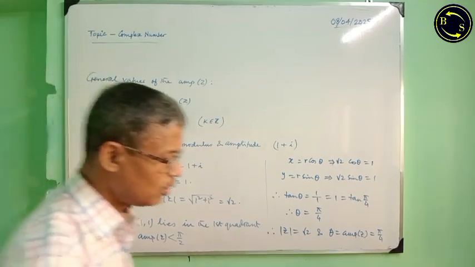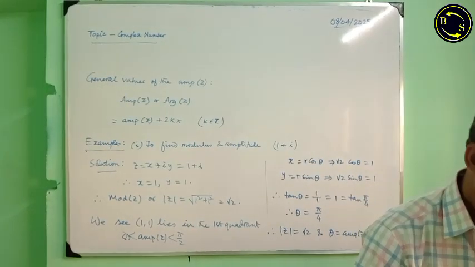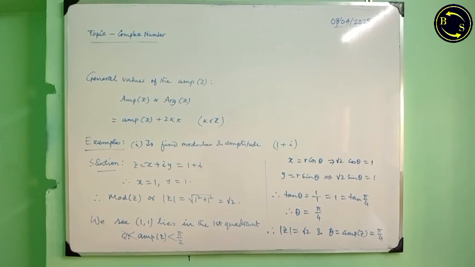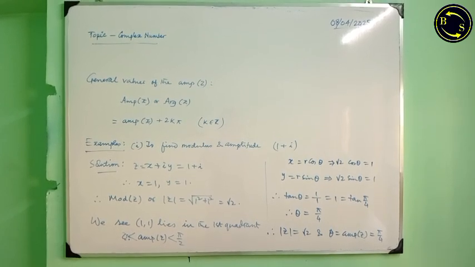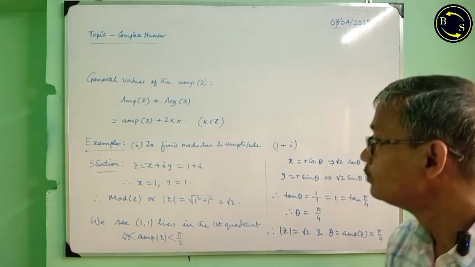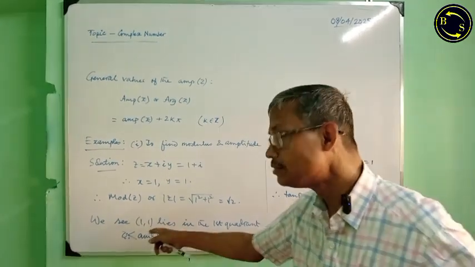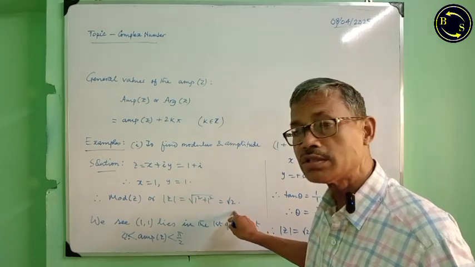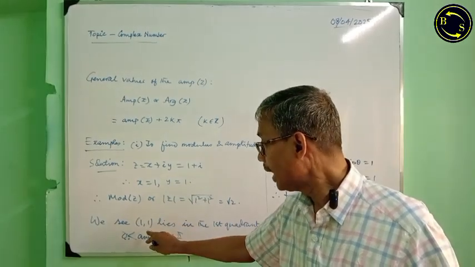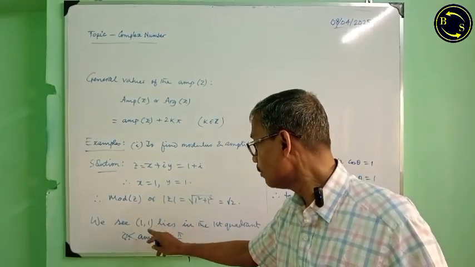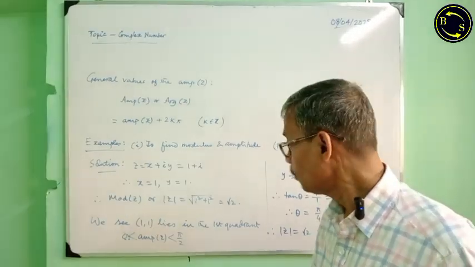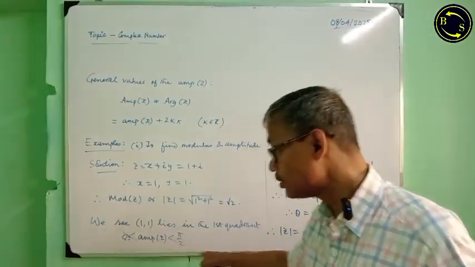Follow the discussion. First of all, you write the given complex number in ordered pair form as I have written here. After finding the modulus and observing the position of the point, you write like this.